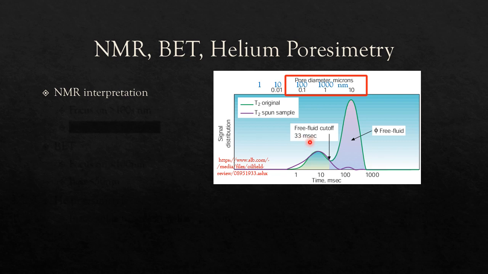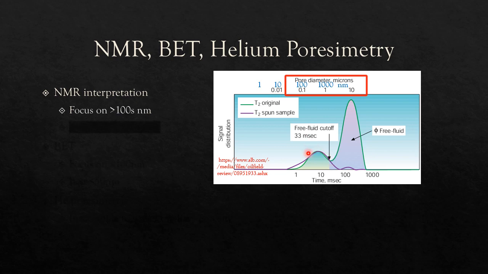This might be a little bit flexible for different rocks and different fluids. For water and oil, heavy oil, might be different, but overall it's approximately in this range. And so this side is called free fluid, and this side from 1 millisecond to tenths of a millisecond is called bounded.